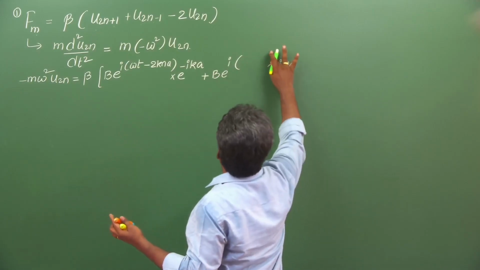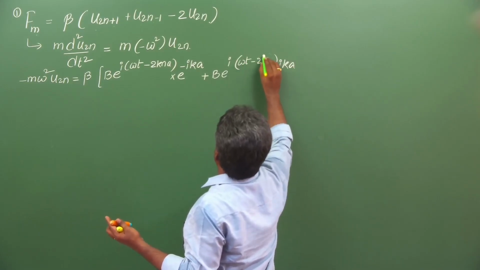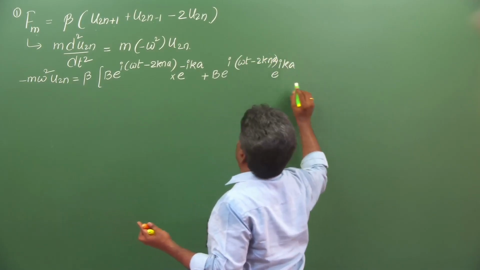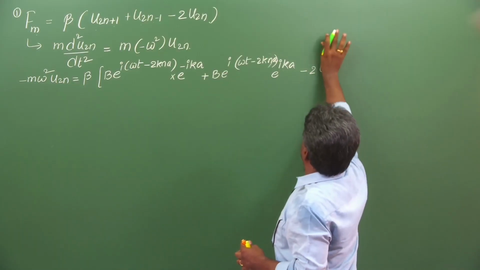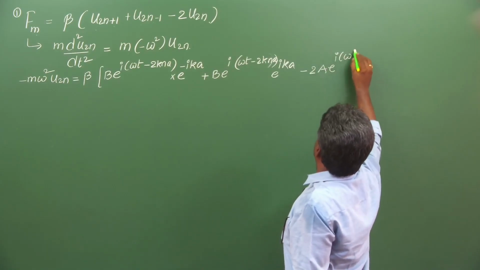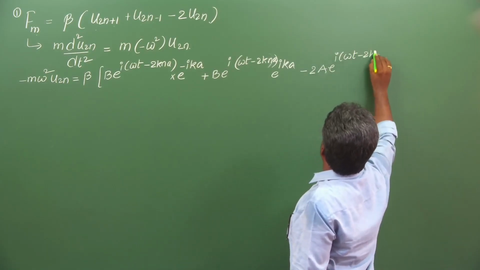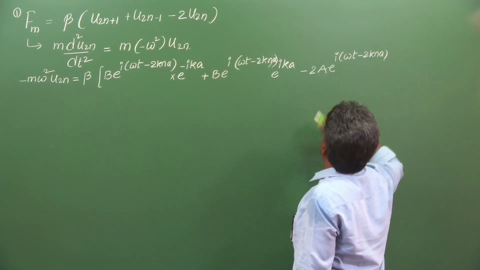I think you also will write the bracket. Minus 2 A e raised to i omega t. Say yes or no? Okay.